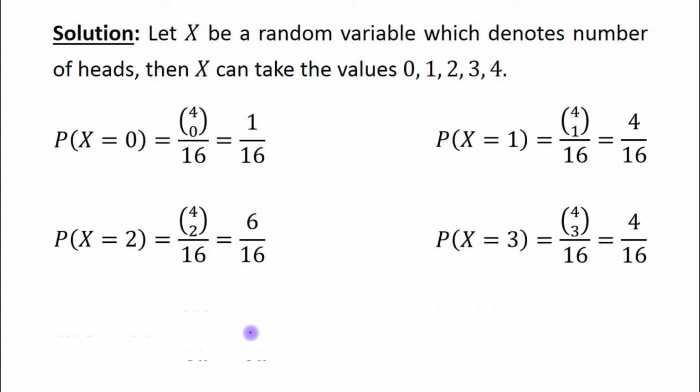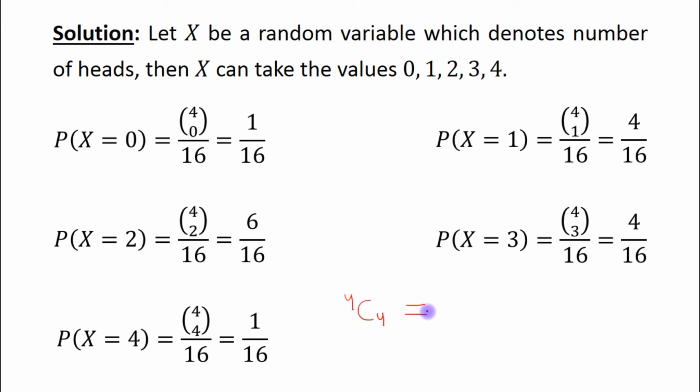Last one, probability of getting 4 heads. It will be equal to 4C4 upon 16, and 4C4 will be equal to 4C0, because 4 plus 0 is equal to 4 and 4C0 was 1. So the probability of getting 4 heads will be 1 upon 16.